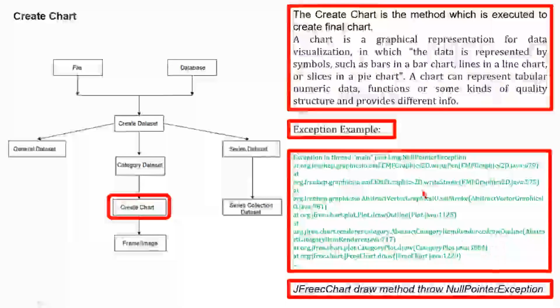As an example, we can consider this one for exception example. JFreeChart draw method throw null pointer exception.